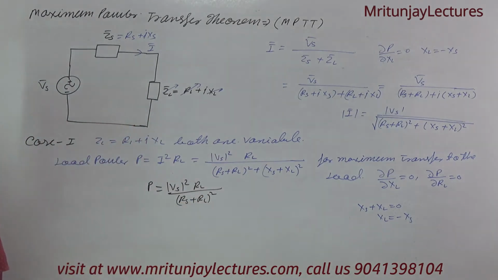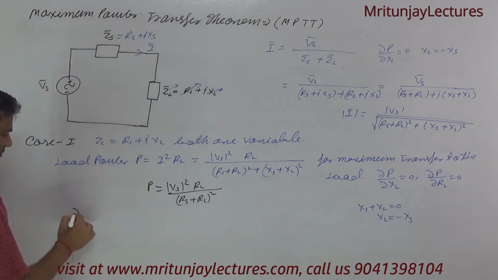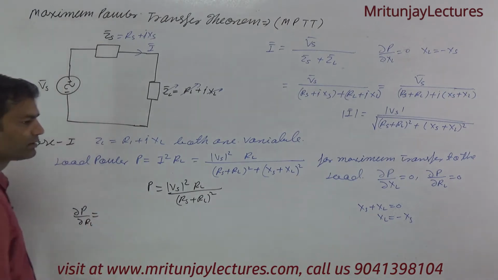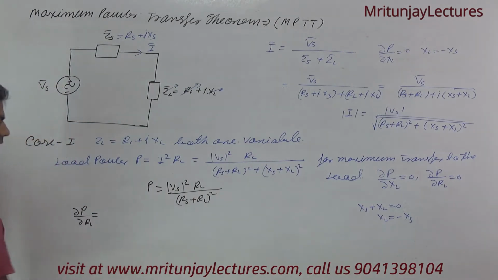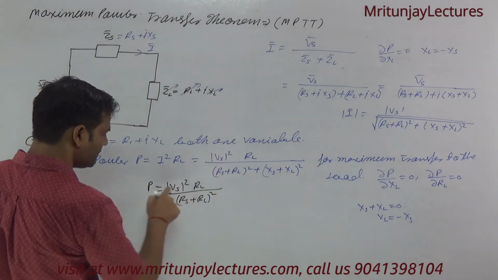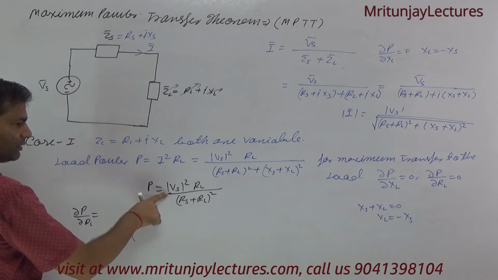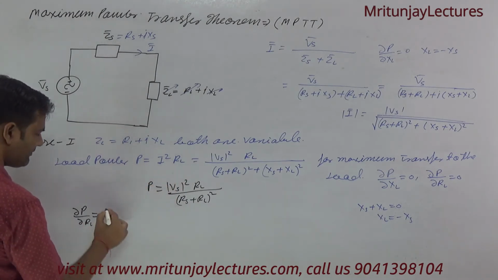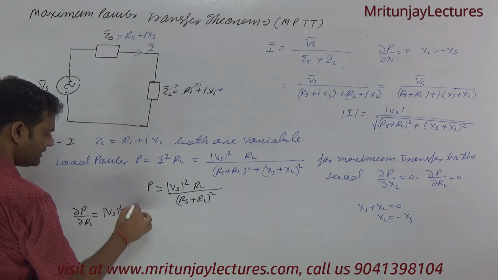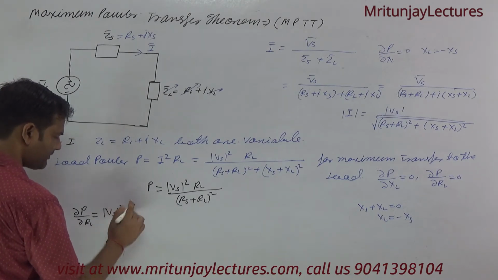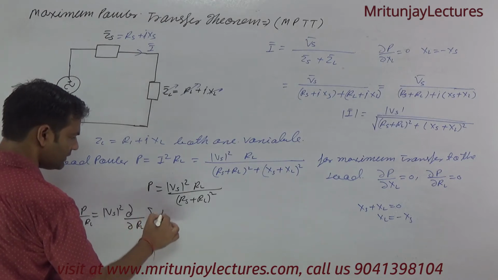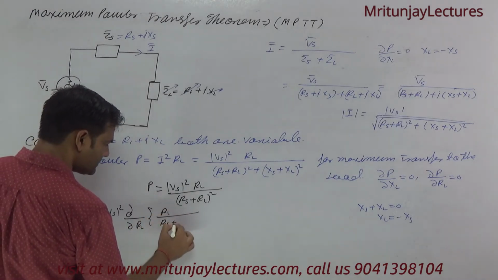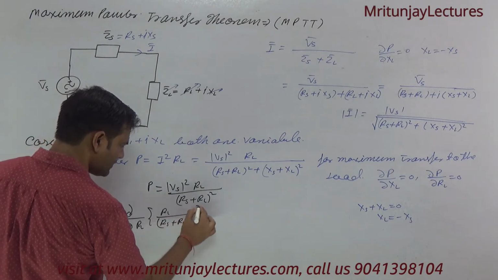Clear? Now again differentiate, d by dRL. If we differentiate with respect to RL, this one is a constant, so it is written as d by dRL of RL divided by Rs plus RL to the whole square.